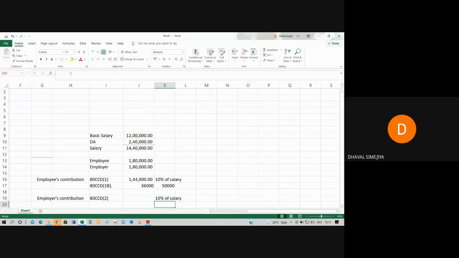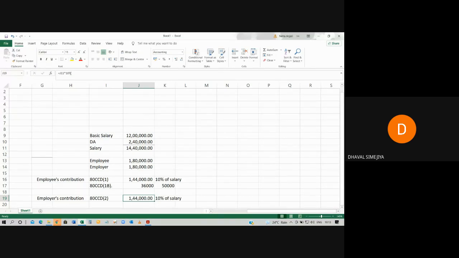What will be the amount? Salary means 14,40,000 rupees. So this is extra benefit in addition to the 1,50,000 limit. Your answer is over.